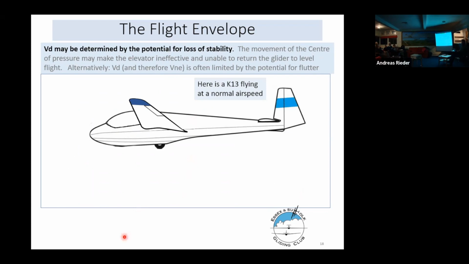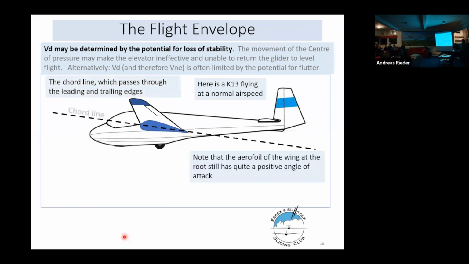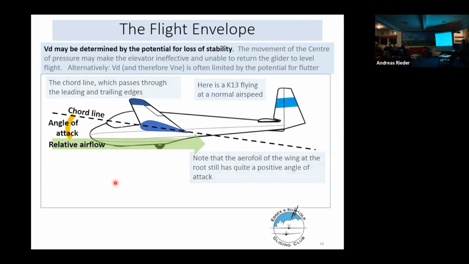There's a chord line, which is the line passing through the leading edge and the trailing edge. And that's at a positive angle of attack to the fuselage, but it's also at a positive angle of attack to the relative airflow, the air flowing past the K-13 in flight. And the angle between the relative airflow and the chord line is known as the angle of attack. Just defining terms here. Simplify that diagram a little bit.